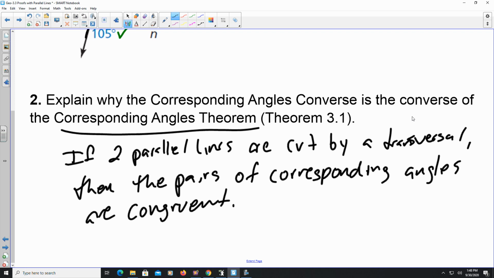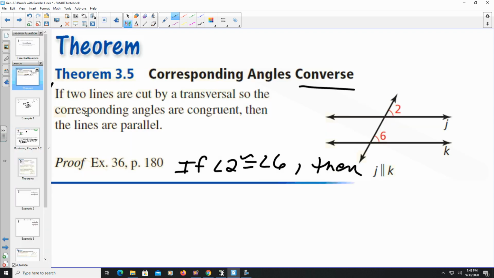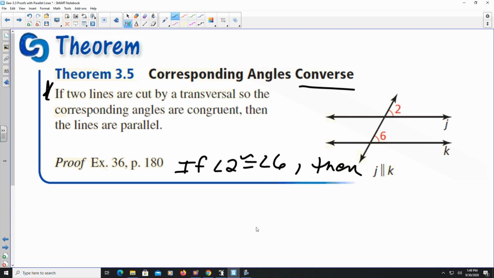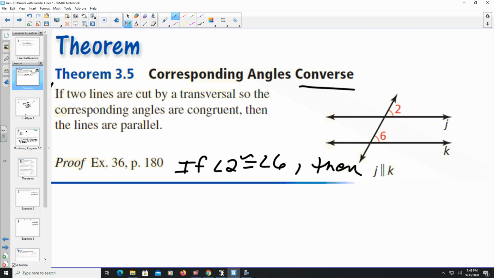That's 3.1. If you take a glance at this one, are the hypothesis and conclusion of the conditional statements flipped? The answer is yes, they are.